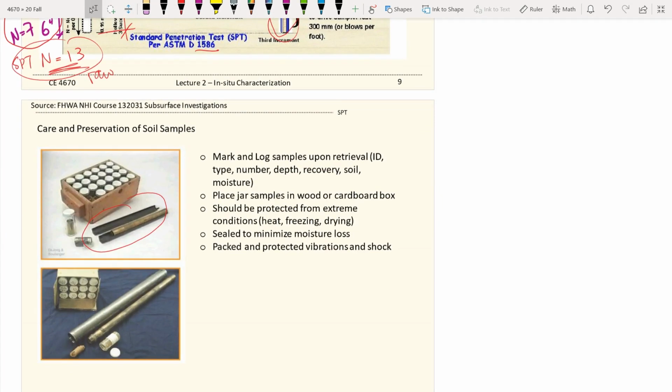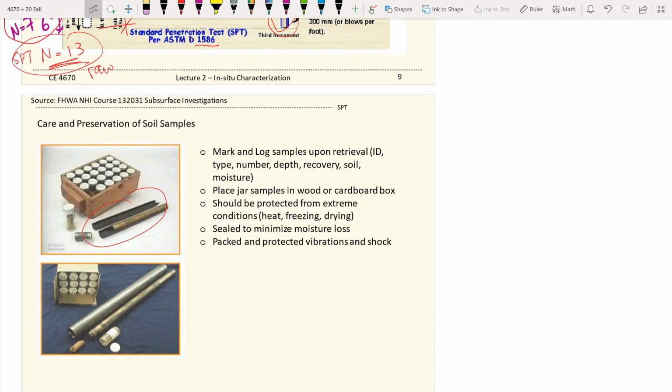The soil samples need to be marked and logged properly: the type of sampling technique you are using, the numbers, the depth, the recovered soils, and also the moisture. If you can do a quick test on site, or just describe it visually, make sure everything is documented well. Then you place it into a container, and the container will be stored in a wood or cardboard box.